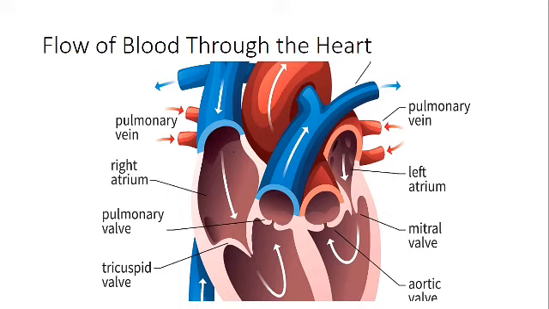However, in a nutshell, we would say that the first heart sound is formed by the closure of the AV valves at systole, whereas the second heart sound is formed by the closure of the semilunar valves at diastole.